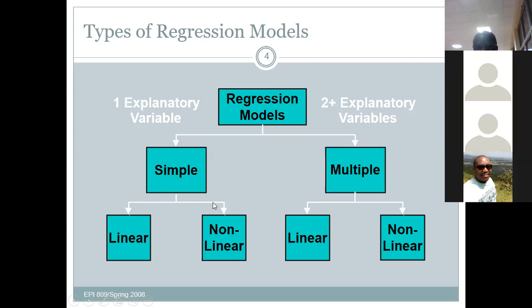This is not our life. Our life is linear. If it is more than two explanatory, independent variables, we build multiple linear or multiple non-linear. Our life is not here. Our life is here. This is for the standard regression models, not logistic, not the ordinal, not the censored. Fine?